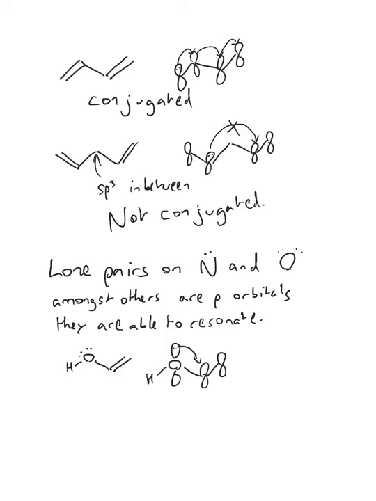Alright, so just to emphasize, put some color on it. We have our double bond, pi bond, and the electrons on the oxygen, say one lone pair, not both of them, just one, is able to donate its electrons into the pi bond, and therefore we can get resonance.